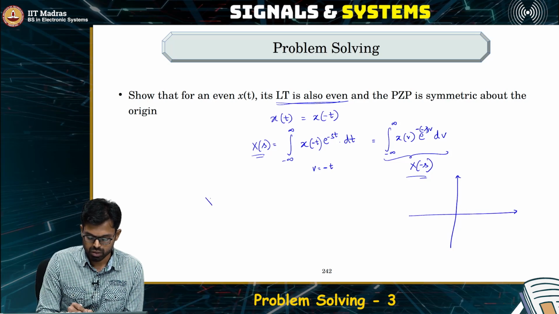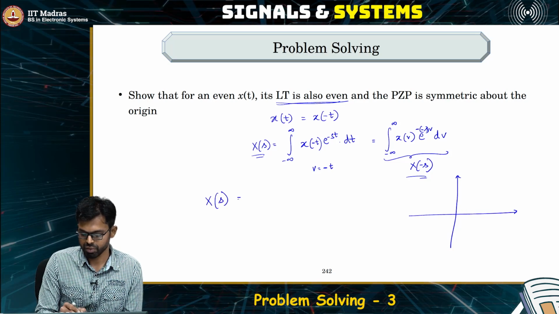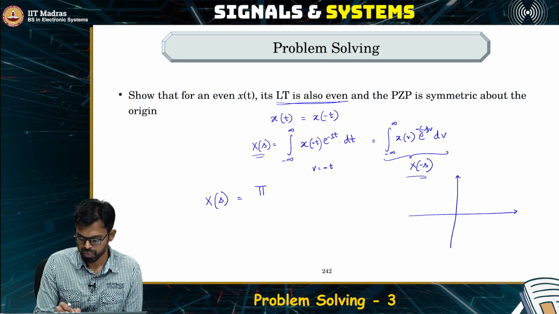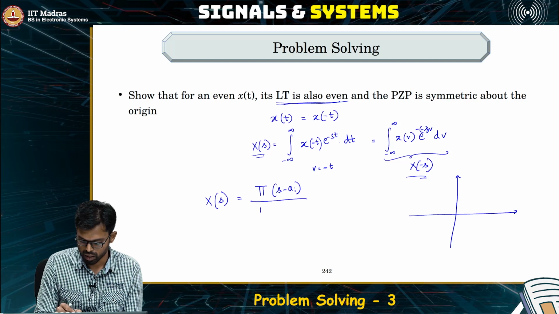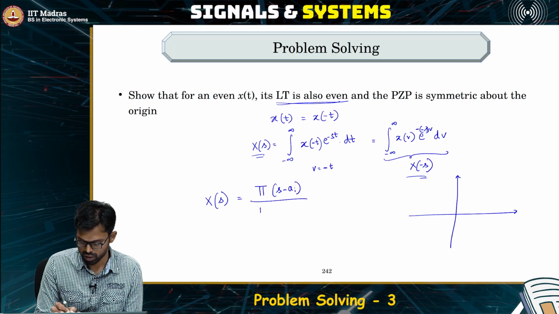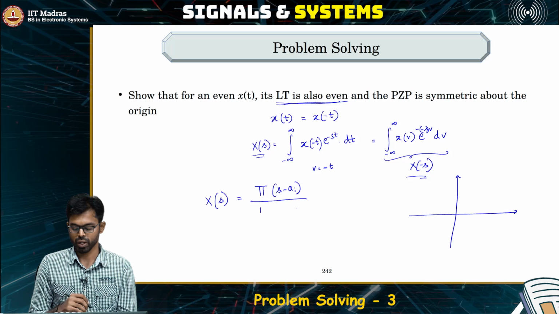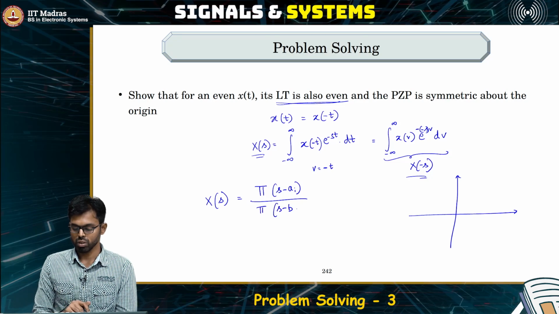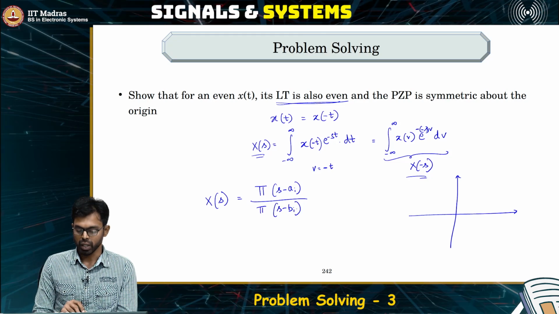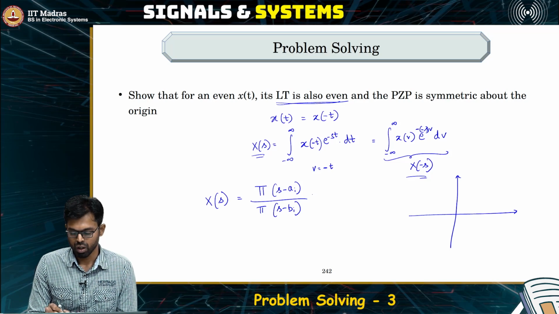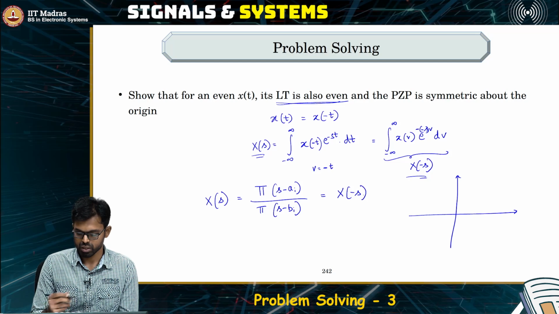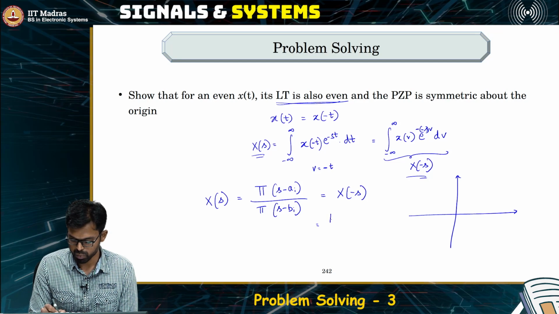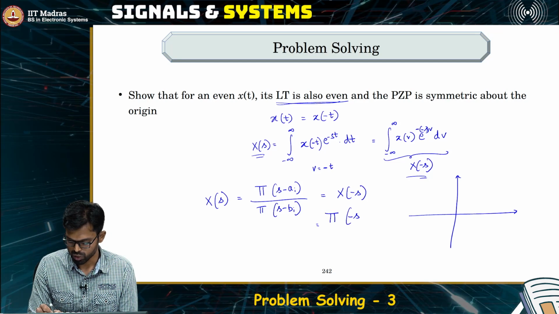Now, let us say X of s was rational. If X of s was rational, then you can write it in terms of some zeros here and some poles here. Okay. So, then we have some poles and some zeros which are defined by ai. Now, let us say that this is equal to X of minus s. What does this mean? This means that this polynomial that we have written is also true.